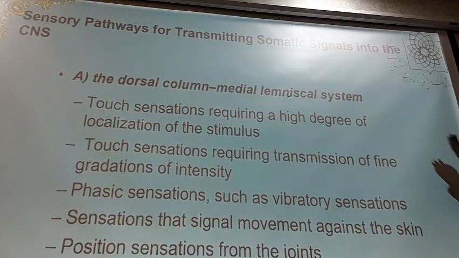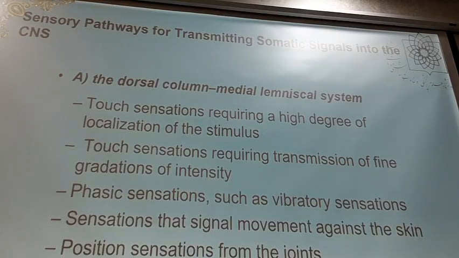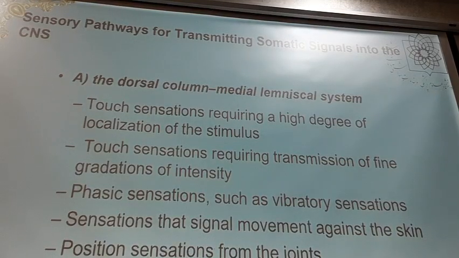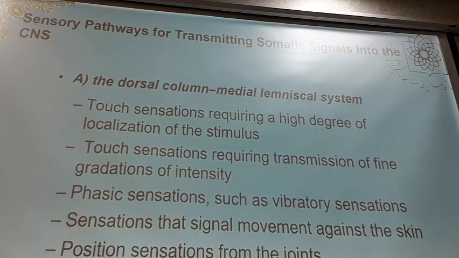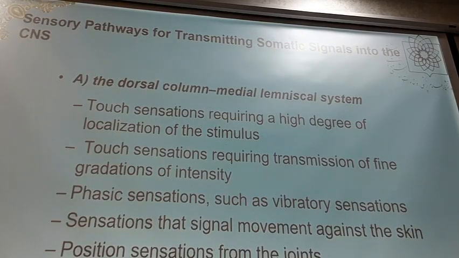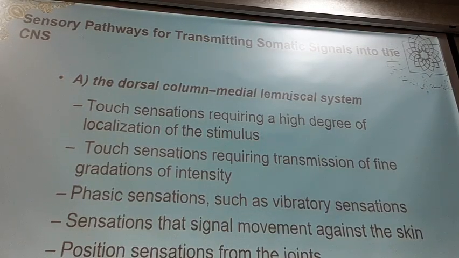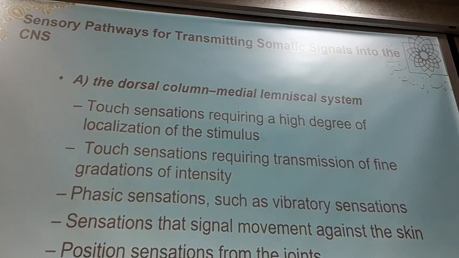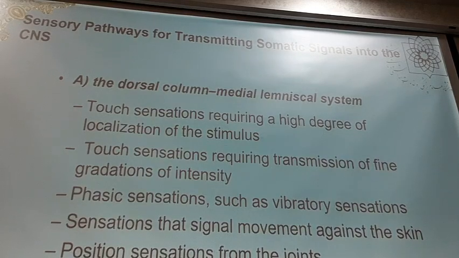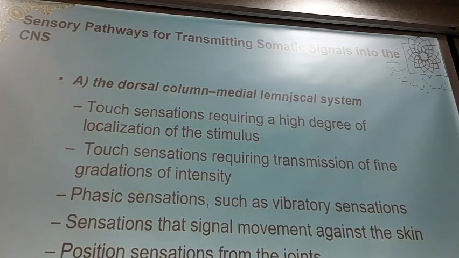All the information that I previously told you about, coming from the Merkel disc, Meissner, Pacini, and Ruffini corpuscles, is sent by these receptors into the dorsal column of the spinal cord. This information does not cross to the other side; it remains on the same side.